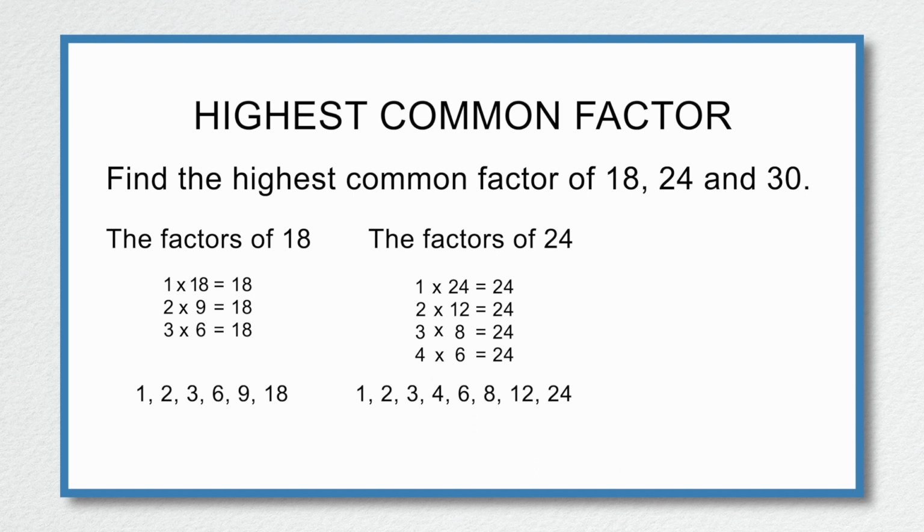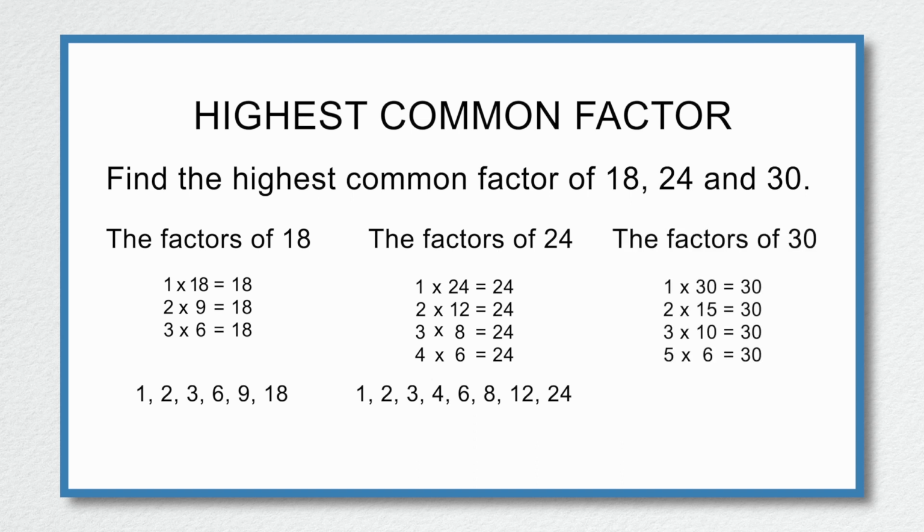And finally the factors of 30. 1 multiplied by 30 is equal to 30, 2 multiplied by 15 is equal to 30, 3 multiplied by 10 is equal to 30, and 5 multiplied by 6 is equal to 30. So the factors of 30 are 1, 2, 3, 5, 6, 10, 15 and 30.